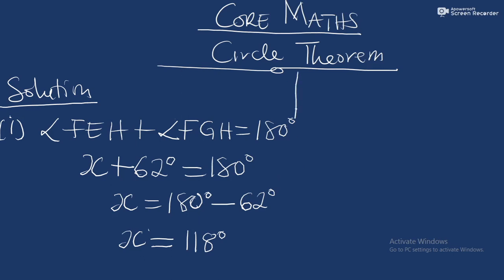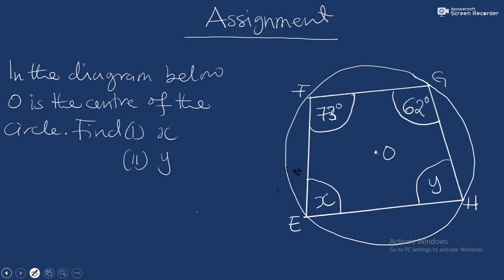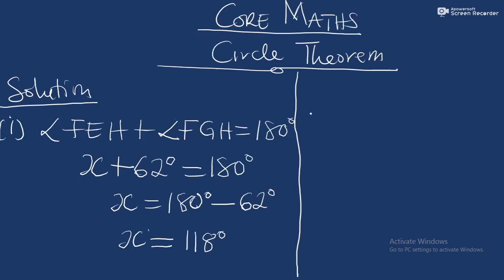So let's look at the II. So the II also, angle EFG plus angle EHG should be equal to 180 degrees.